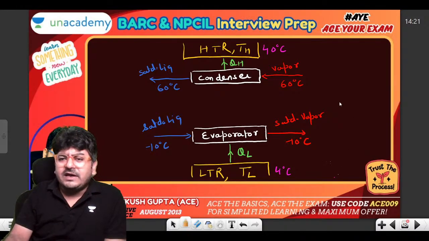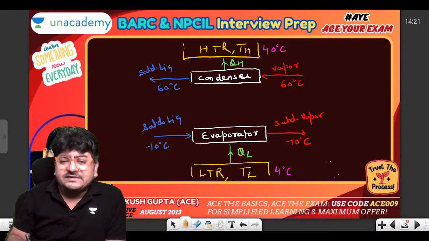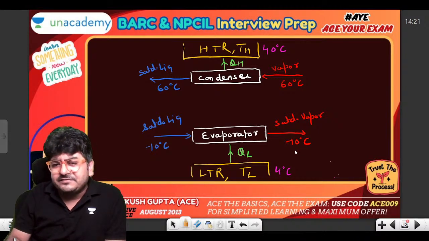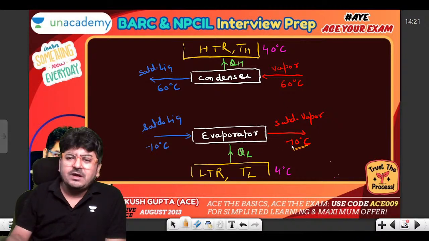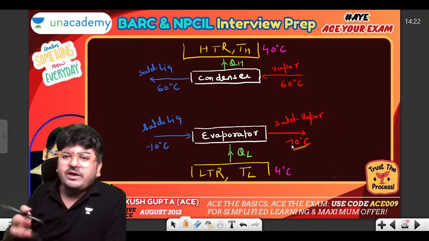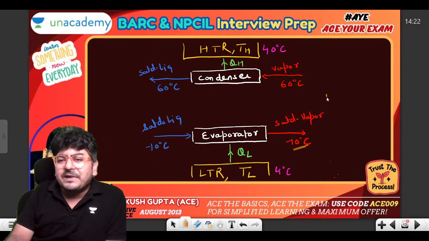Now, my purpose is to increase the temperature of these vapors from minus 10 to 60. How can I do that? I can use a compressor.